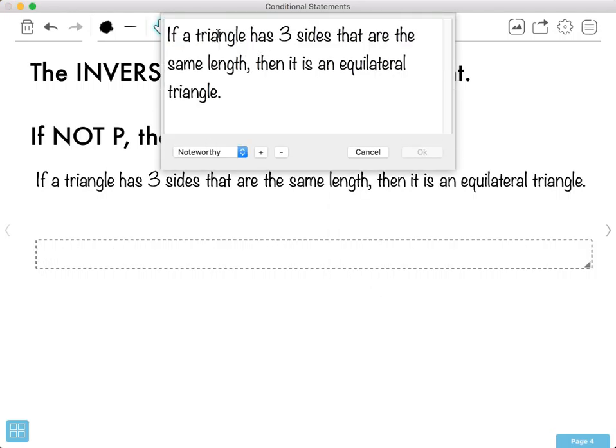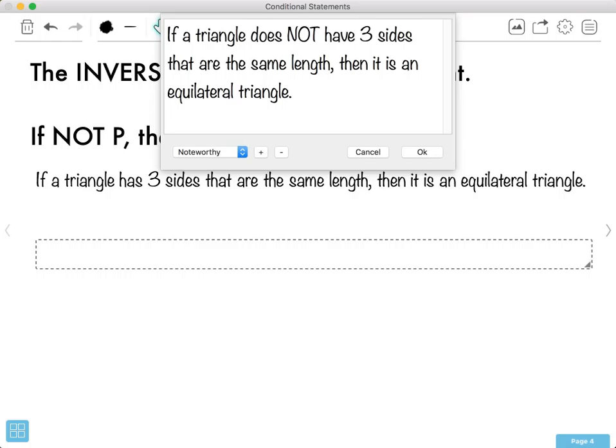So if a triangle does not have three sides that are the same length, then it is not an equilateral triangle.